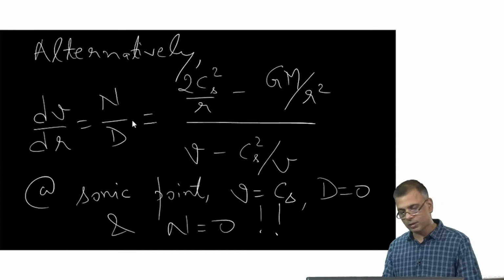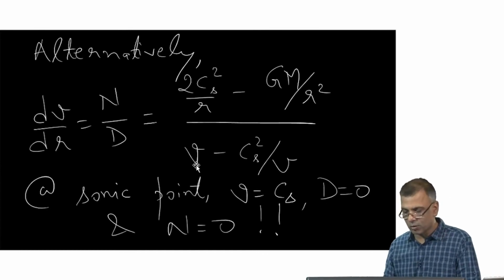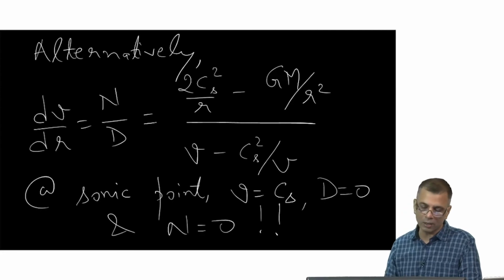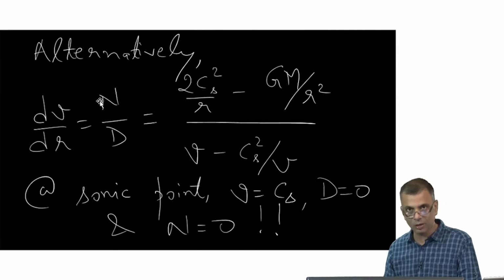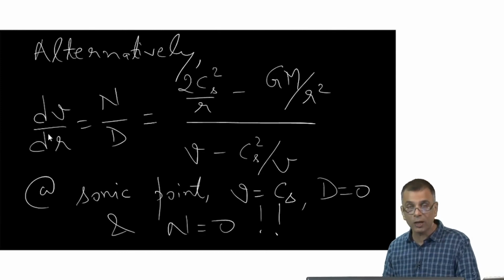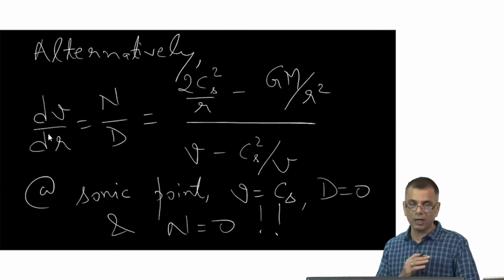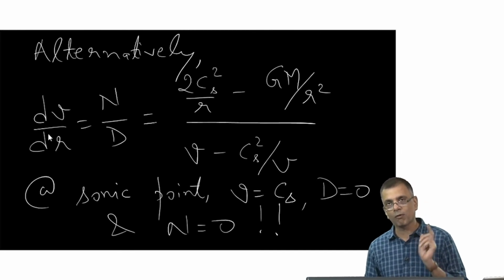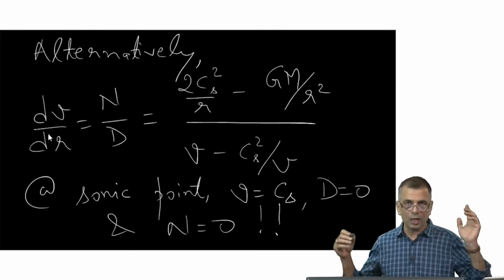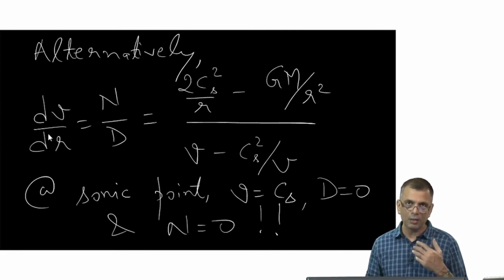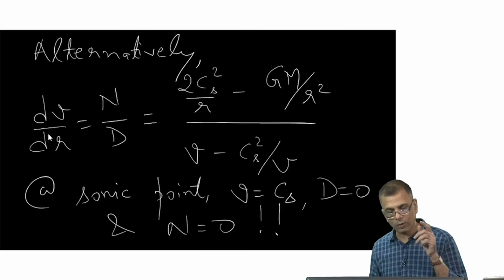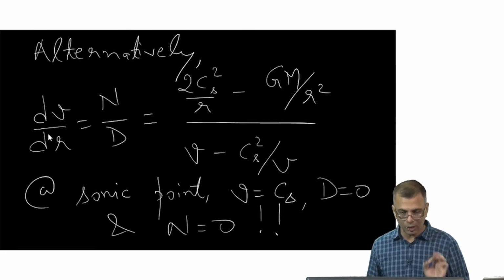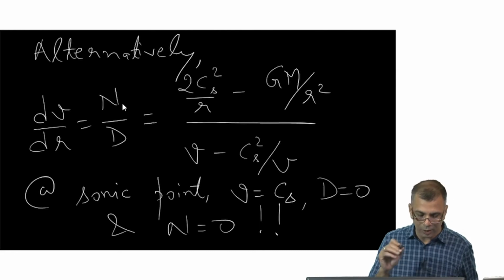Clearly the denominator goes to 0 when V equals Cs. Now, you don't want dV/dr to be blowing up. If the denominator goes to 0 and the numerator remains non-zero, dV/dr blows up, it becomes infinite. If you want dV/dr to have a well-behaved nature, remember we are talking about smooth flows here. We are talking about flows that do not exhibit abrupt jumps, okay, that are smooth and mathematically well behaved. So if you want the flow to be mathematically well behaved, you would demand that the numerator also becomes 0.